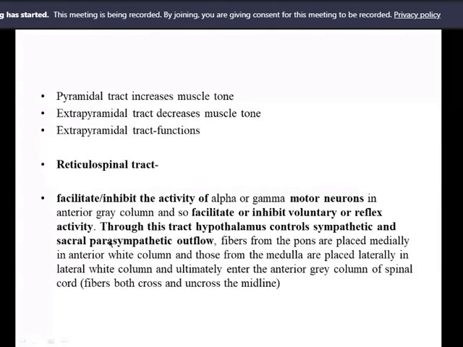Because parasympathetic is craniosacral, right? So the cranial nerves are not influenced by the reticulum. So sacral, parasympathetic and sympathetic nerves are all across the midline.